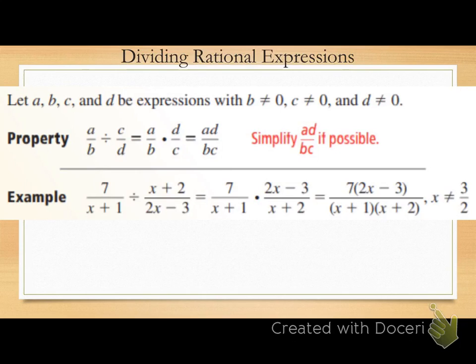If I plug 3 over 2 in right here, I get 0. X can also not equal 1 or negative 1. X can also not equal negative 2 in this case. Any questions on dividing rational expressions before we look at our examples? Got 2 more examples, and we're done.